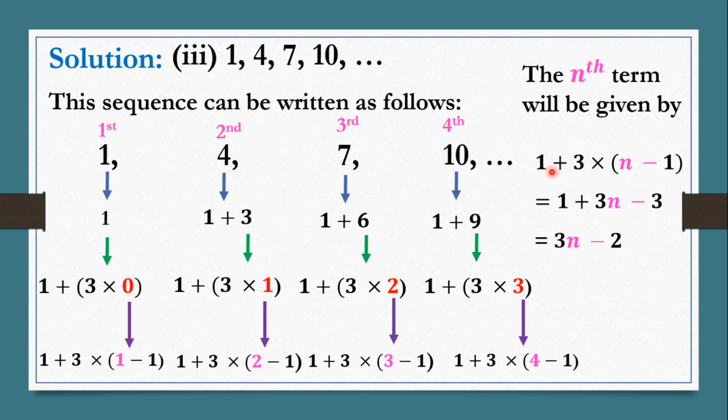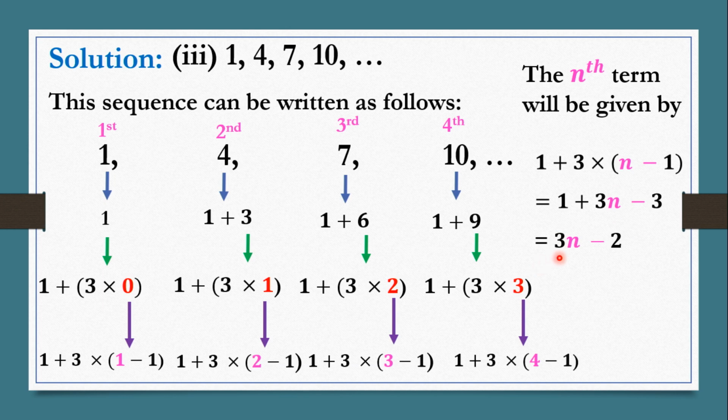Now simplifying, I'm going to get 1 plus 3 times n, which is 3n. 3 times minus 1, which is minus 3. Now 1 minus 3 is minus 2. So the nth term, the general term, will be given by 3n minus 2.